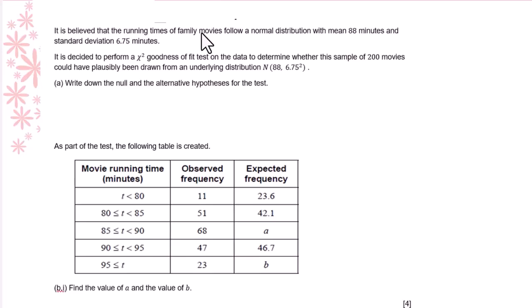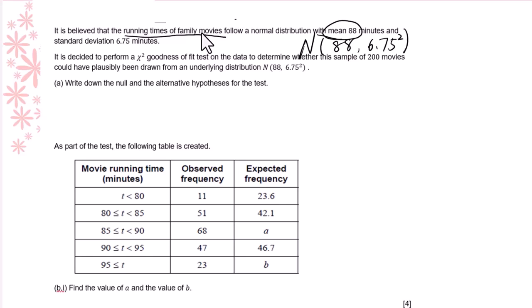It's believed that the running times of family movies follow a normal distribution with a mean of 88 minutes and a standard deviation of 6.75 minutes. We can write down this normal distribution N(88, 6.75 squared).